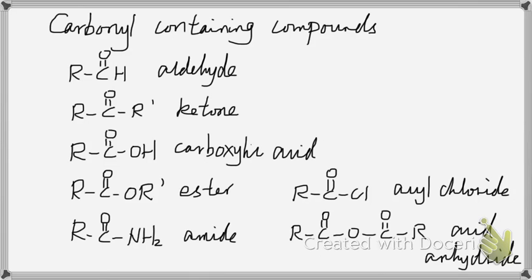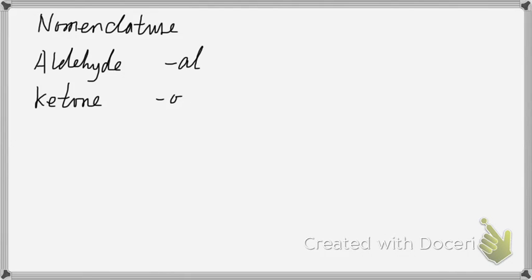Anyway, chapter 16 focuses on aldehydes and ketones. So let's take a look at the nomenclature. For the aldehydes, they will have the -al ending. So we are going to replace the -e ending in alkane and put -al as the ending.